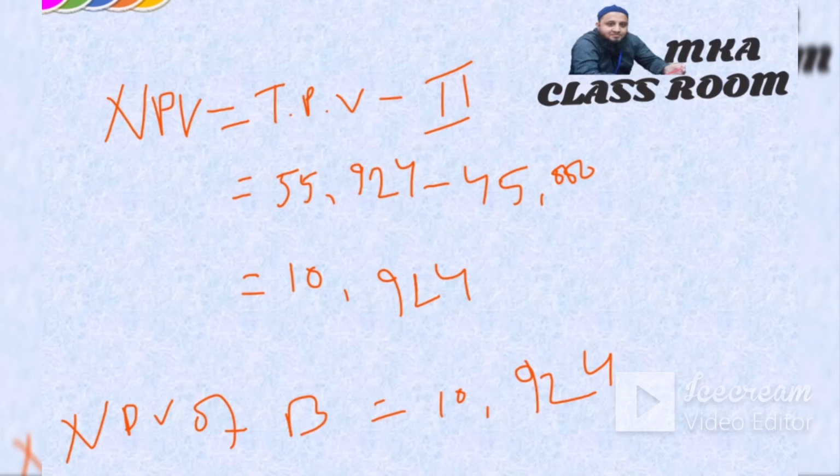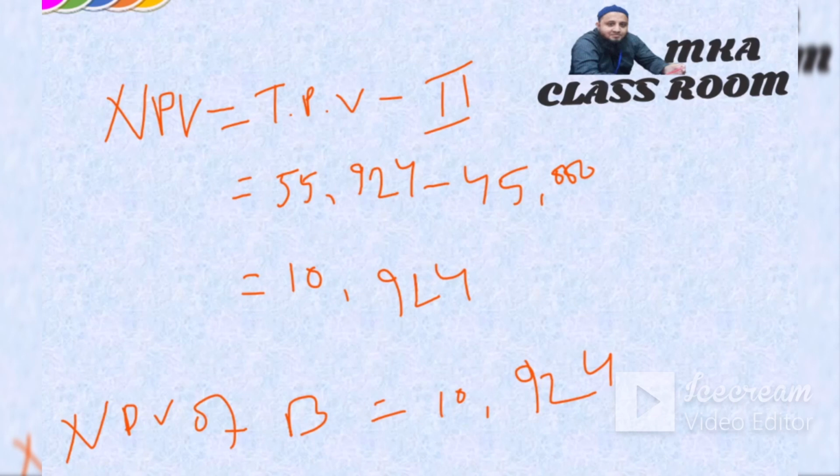If these two projects are independent, then you can accept both projects because they enhance the firm value. But if these two are mutually exclusive projects, then you have to take the better one.